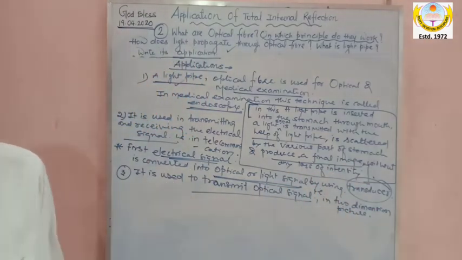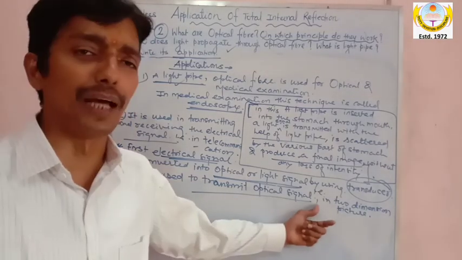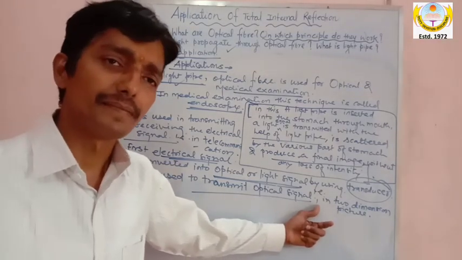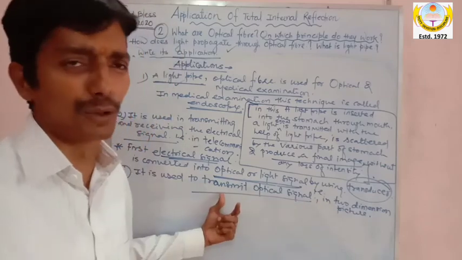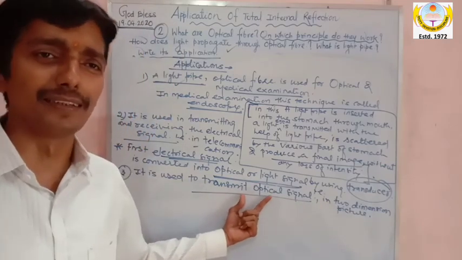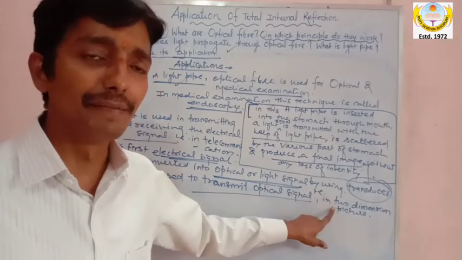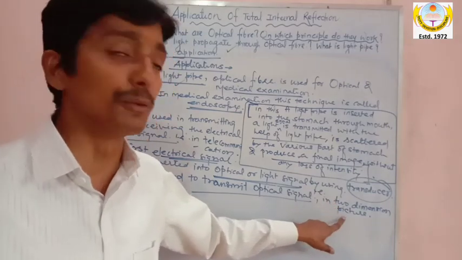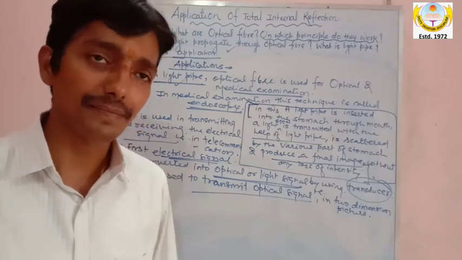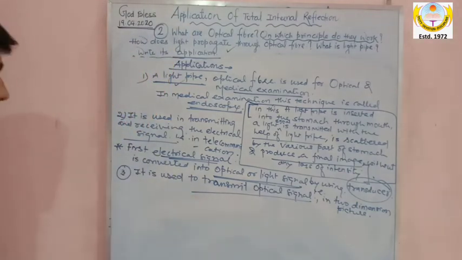So it is used to transmit the optical signal, that is, in 2-dimension pictures. So my dear, no doubt it is used to transmit optical signals, that is, light signals, and we are using that technique and forming 2-dimensional pictures. So I hope you are getting this third point also.